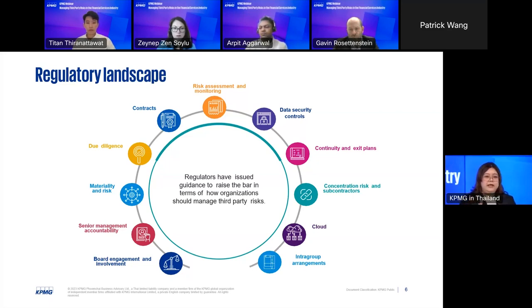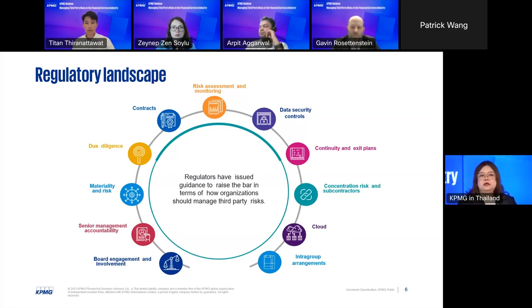Okay, that's the fourth one. For my last key, the fifth one, it is about the subcontractors, like fourth or fifth parties. You might already have implemented third-party risk management, but the question is how you ensure that your third party manages their subcontractors in the proper way, the right way that you would like to see.